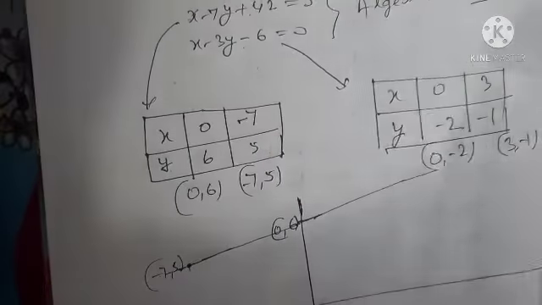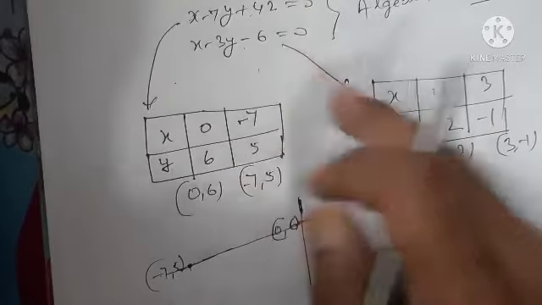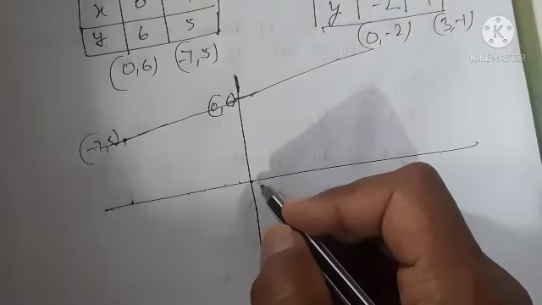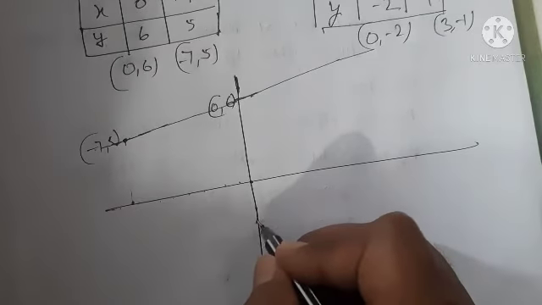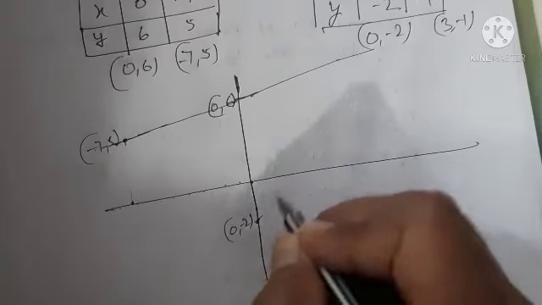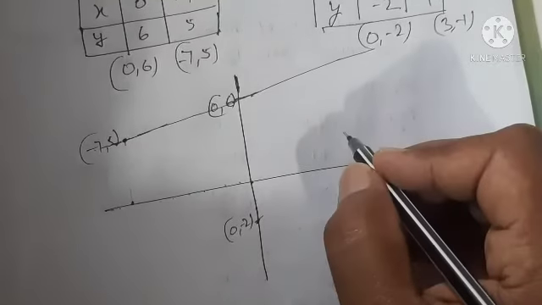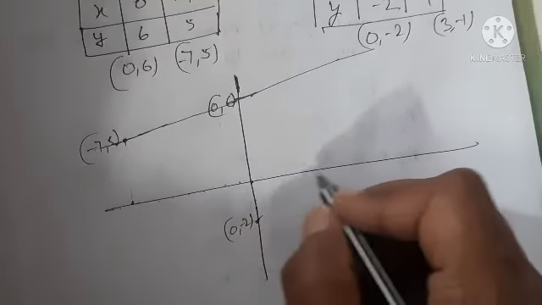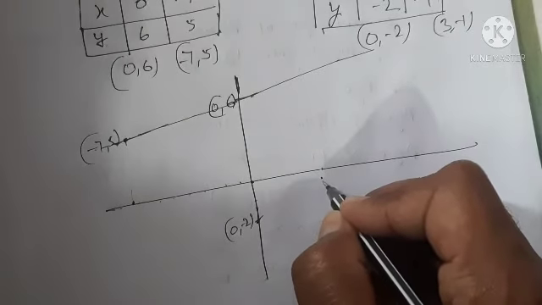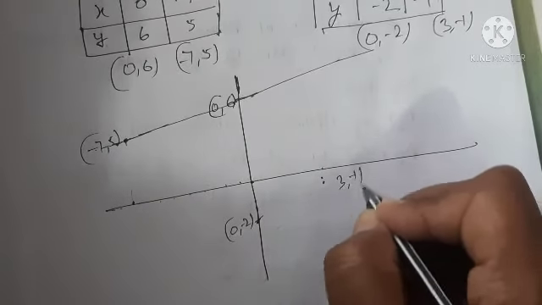Okay, now show the points for the second linear equation. We also have to draw the graph of the second linear equation. Now show these points: along x 0 unit, along y -2 unit. This will be 0, -2. Now show 3, -1: along x 3 units, along y -1 unit. Suppose this is the point 3, -1.